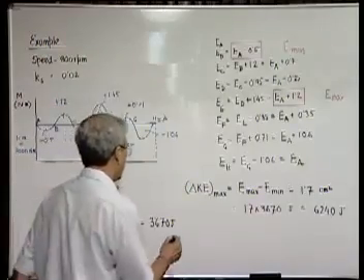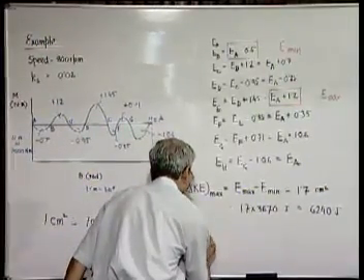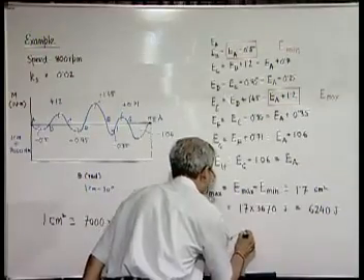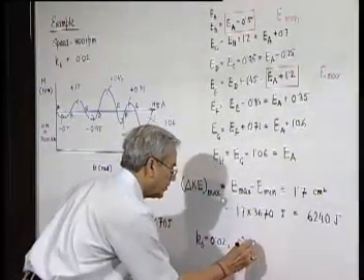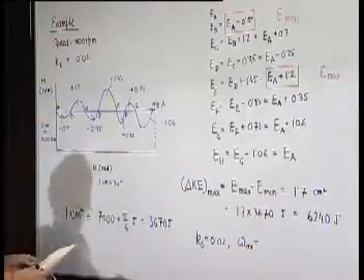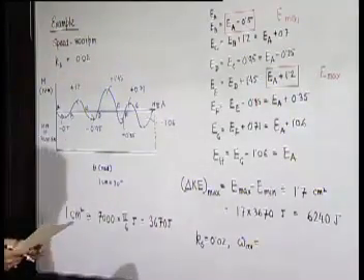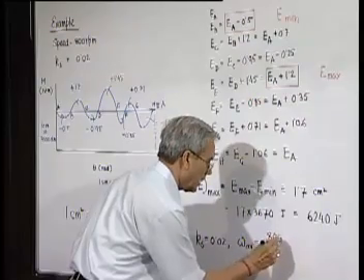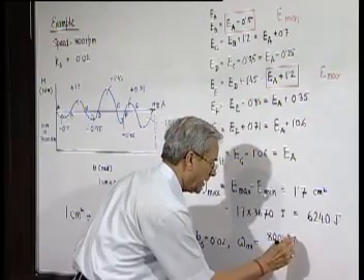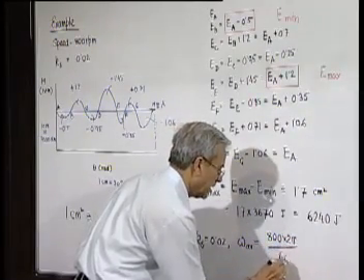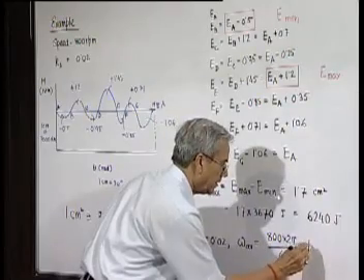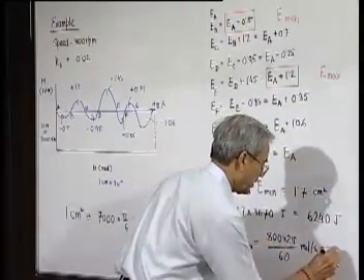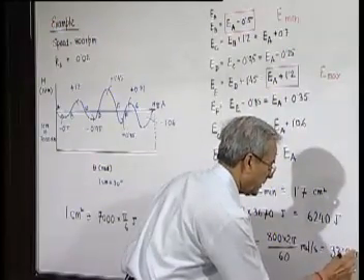Now our Ks has been specified as 0.02 and omega average, which we should be able to find out from this, 800 RPM, which is 800 into 2 pi by 60 radian per second, which is 83.8 radian per second.